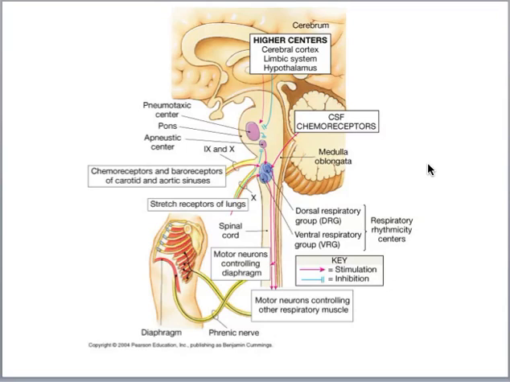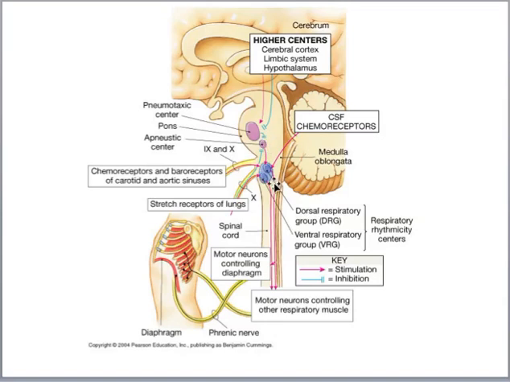And this is just a picture showing you where your chemoreceptors are in your medulla oblongata. Here, it's showing you where the various higher centers, your cerebrum and cerebral cortex, limbic system, and hypothalamus, can have input. This is showing you your pons area where you've got your pneumotaxic and your apneustic centers.